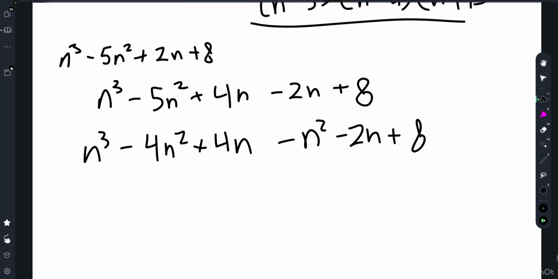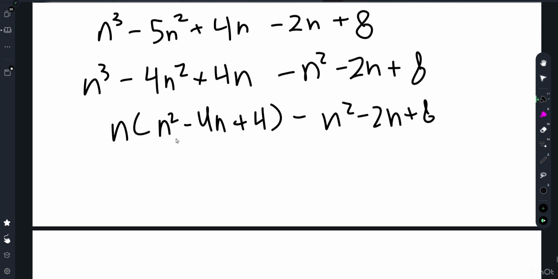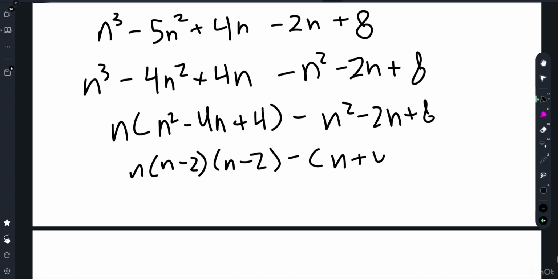You can really just go about this by trial and error, trying to notice different factorization patterns. So if we take this, we have n times n squared minus 4n plus 4, minus n squared minus 2n plus 8. And we know this value here is n minus 2 times n minus 2. And on the other side it factors out to be n plus 4 times n minus 2.